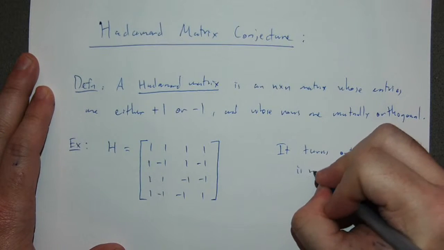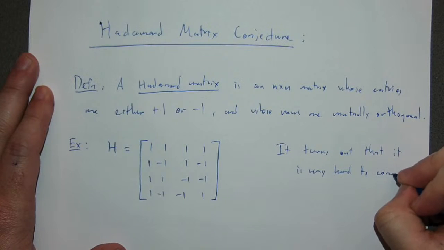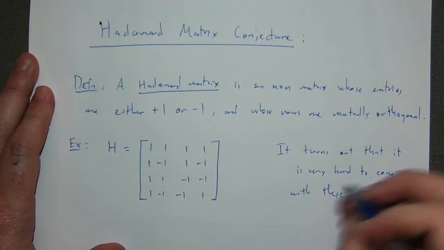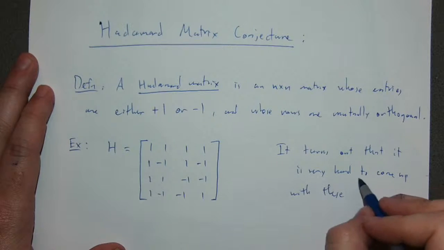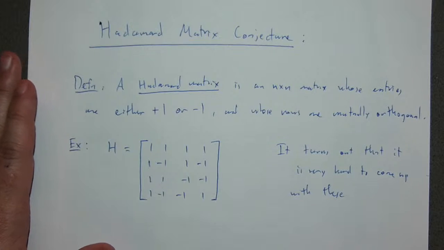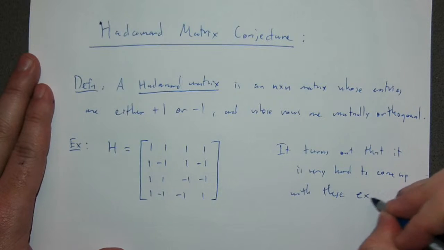It is very hard to come up with these examples. Now, there are methods that generate infinitely many of them, so maybe I shouldn't say very hard in that way, but it is very hard in the sense that, especially if I specify the size, this is a very hard problem.